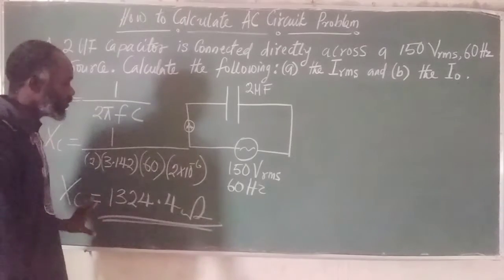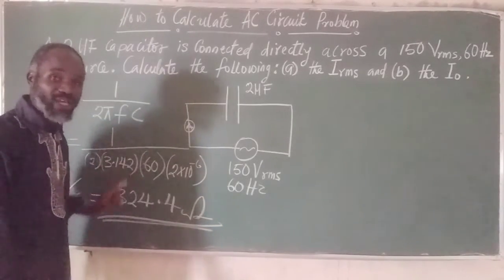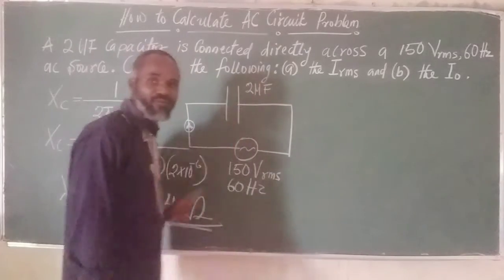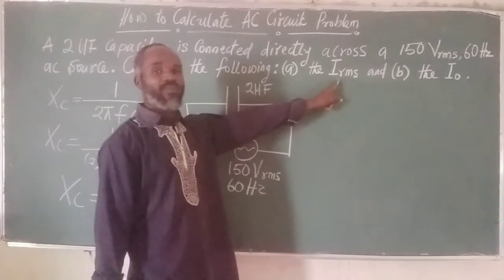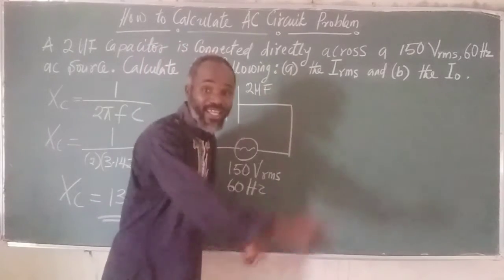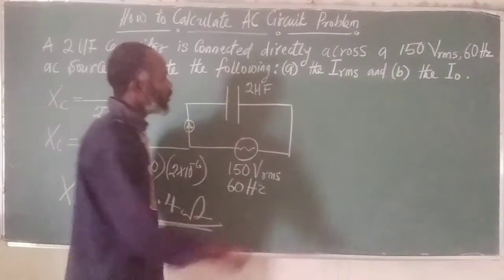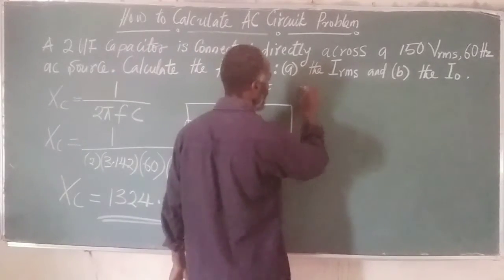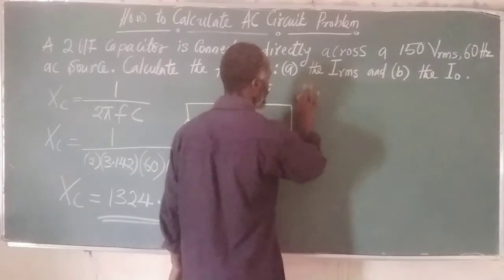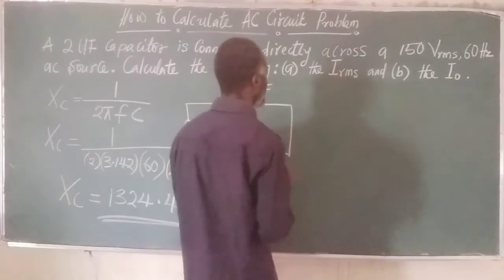The next thing we're going to find, because we have found the capacitive reactance, we are going to use that value to find the root mean square current flowing through the circuit via the capacitor. So the root mean square current I, that is question number A. Question number A is very simple.